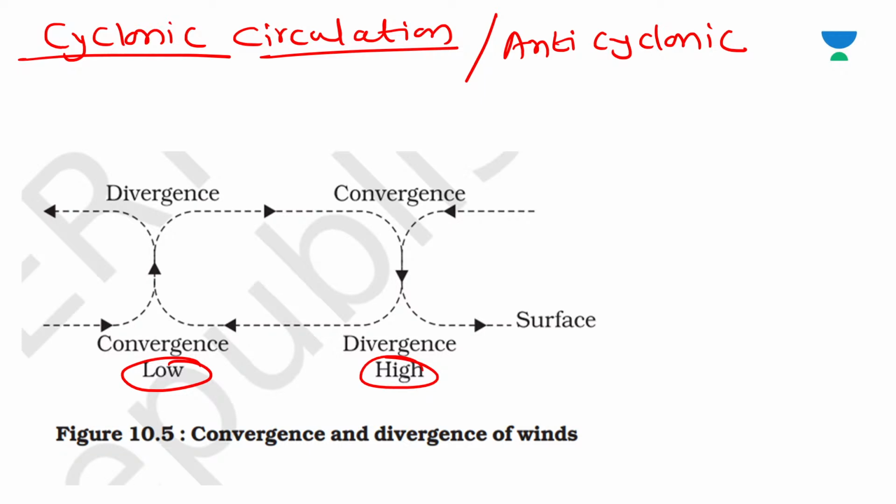Over the high pressure area, the air will subside from above and diverge at the surface.